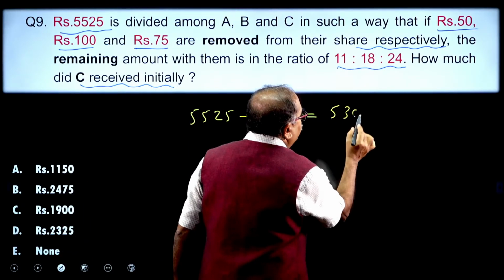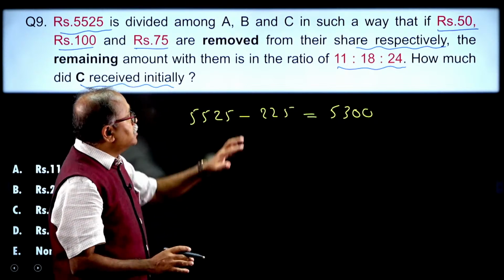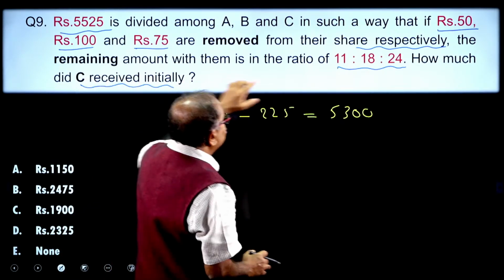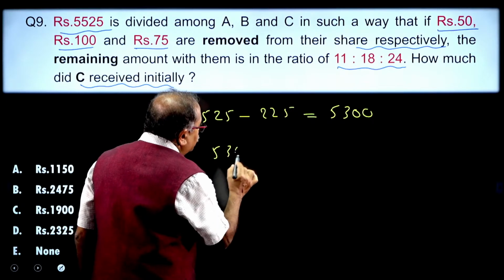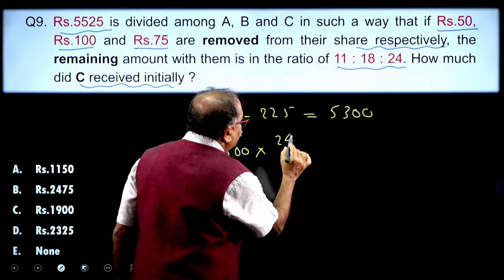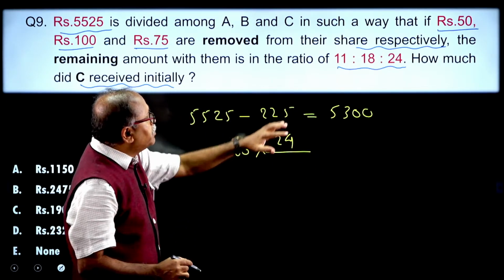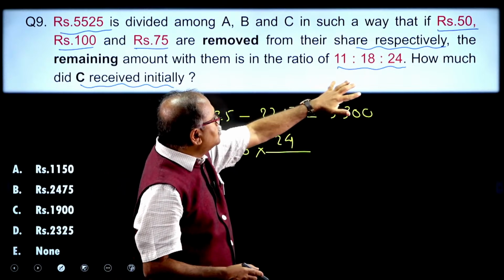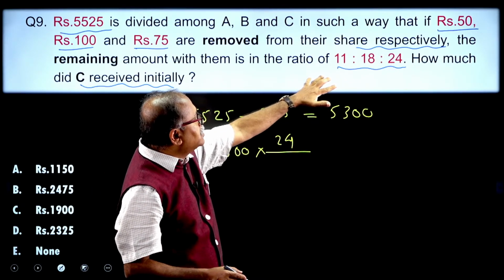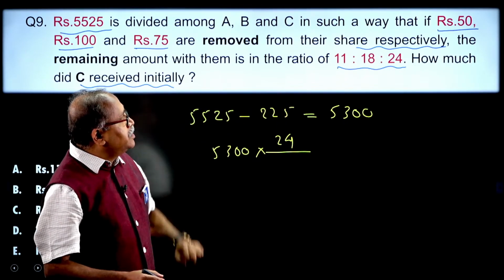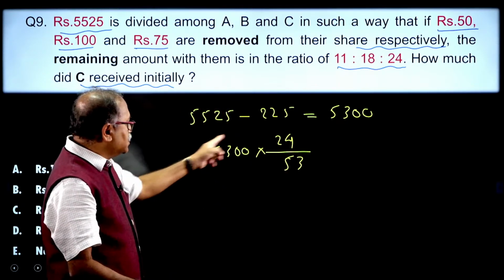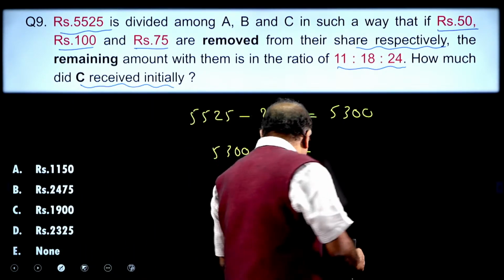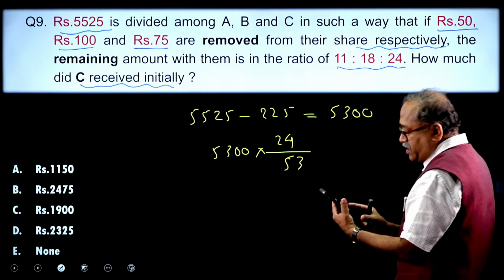So, this 5300 when you divide in the given ratio, what is the C part? 24 parts, that is 5300 into 24 parts out of the total number of parts. The total is 53. You can clearly see that 2400. Anyone answer the question, my dear friends?